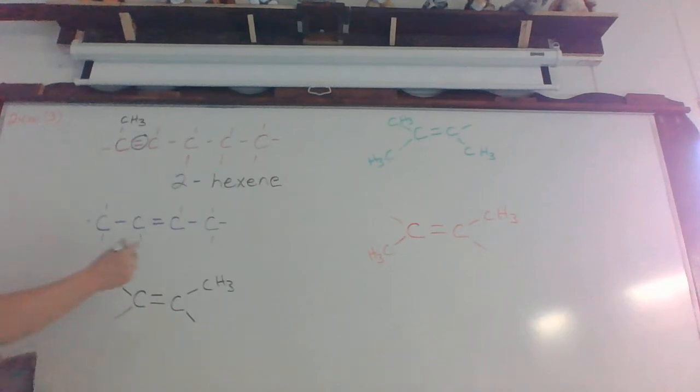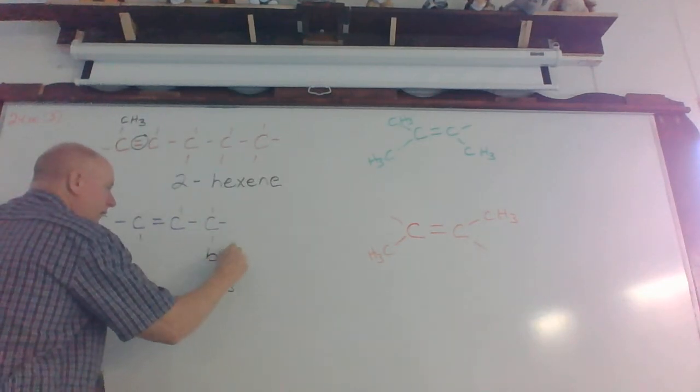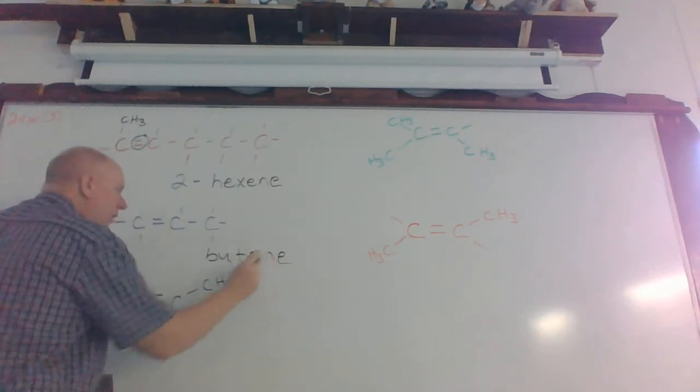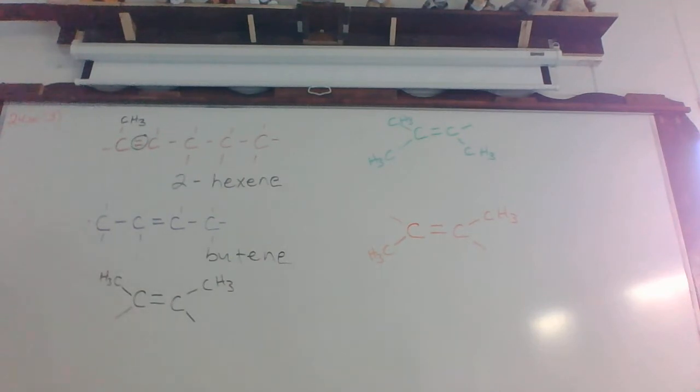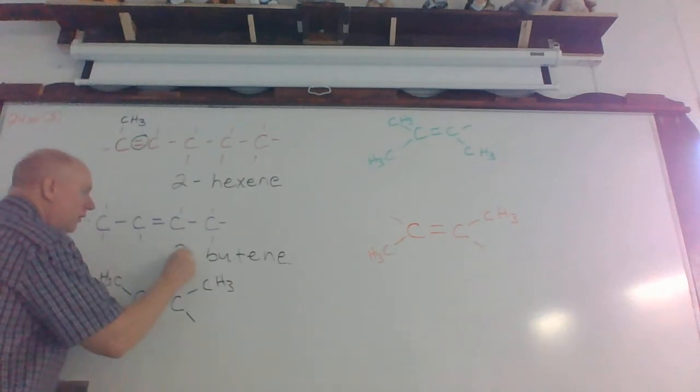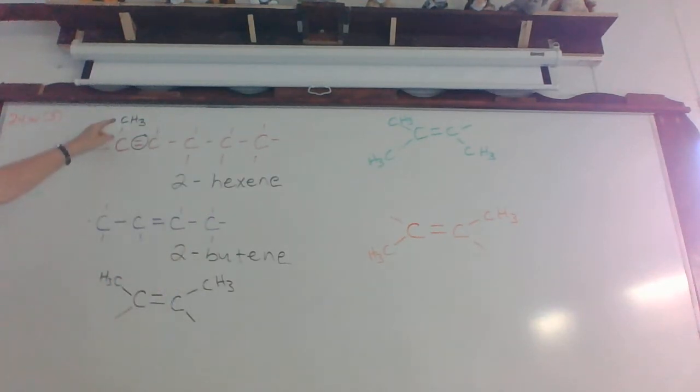Okay, so we know that it's butene because it's got 4 carbons to it. And the last thing we got to do is just name where that double bond is. And it would be after the second carbon. Just like this one is after the second carbon, so is this one. So this would be 2-butene.